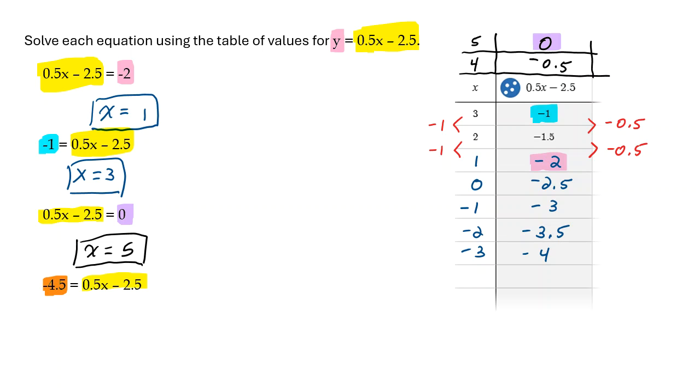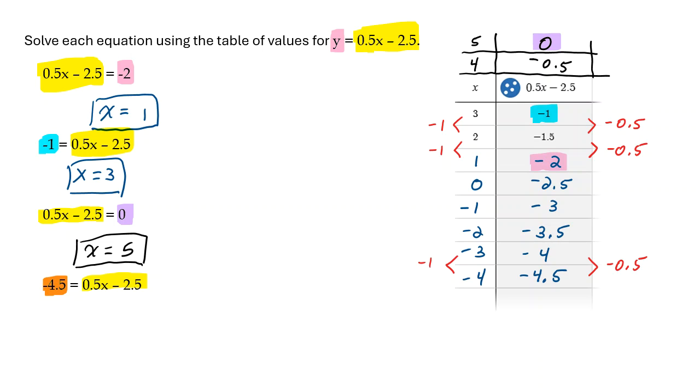In this last one, we're looking for an output of negative 4.5. I look at my table, and I'm pretty close here. If I just go one more, this y value will decrease by 0.5. That'll give me my negative 4.5 that I want. I have to decrease the x value by 1, which is negative 4.